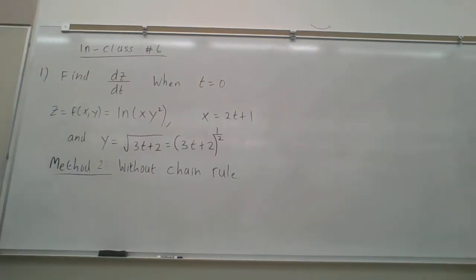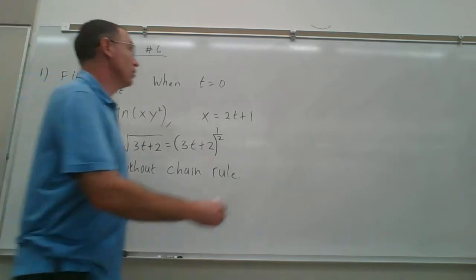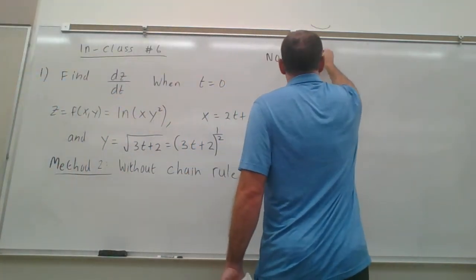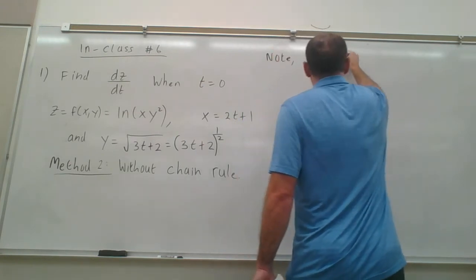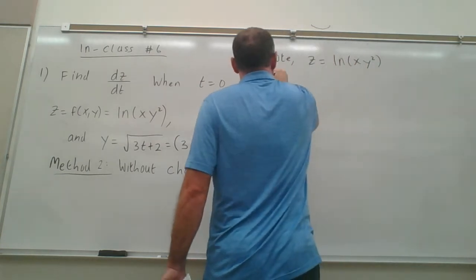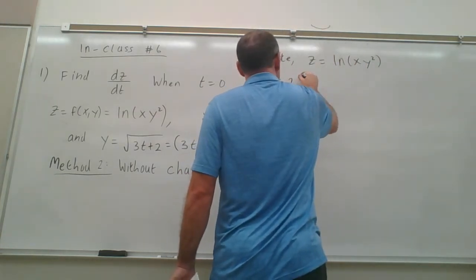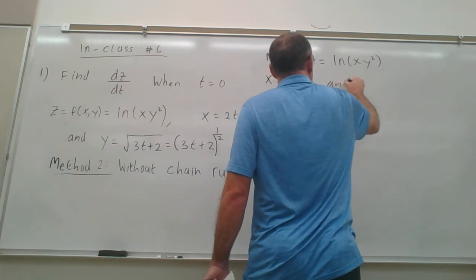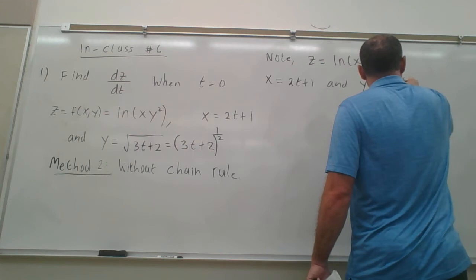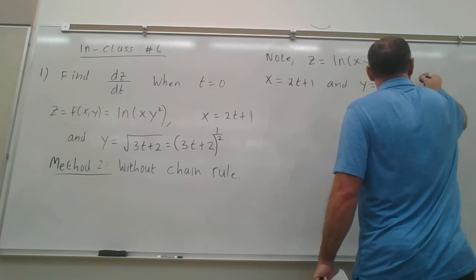Okay, so now let's do method 2. Method 2 will be without chain rule. So we're going to write z as a function of t. So note, z is equal to ln of x y squared, x equal to 2t plus 1, and y equal to 3t plus 2 to the 1/2.